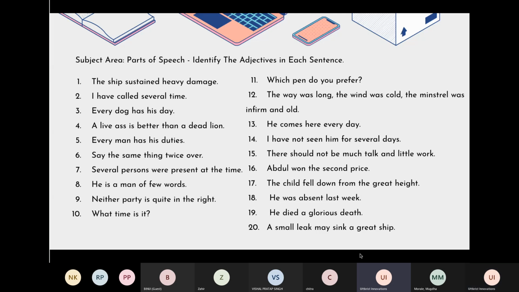Nikita can see the slides. Vishal, I'm waiting for your answers.